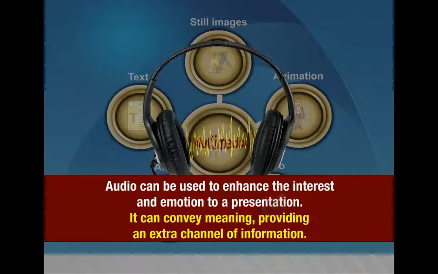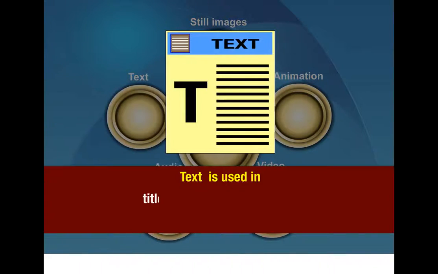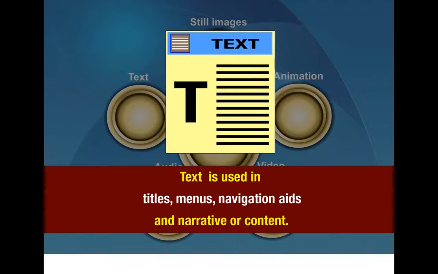Audio. Audio can be used to enhance the interest and emotion to a presentation. It can convey meaning, providing an extra channel of information. Text. Text is used in titles, menus, navigation aids, and narrative or content.